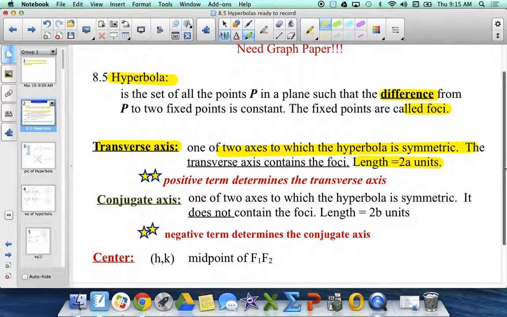The positive term determines the transverse axis. The conjugate axis is the axis the curve does not cross. It is one of two axes to which the hyperbola is symmetric. It does not contain foci, and its length is 2b. It is the negative term.